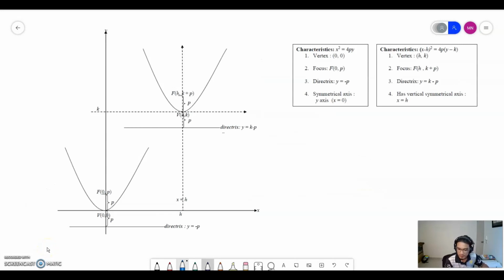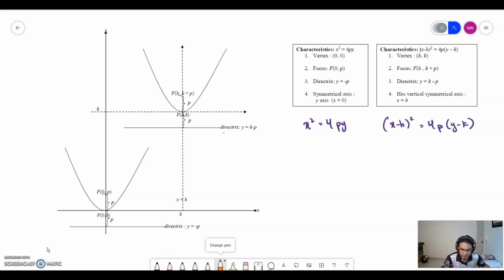So now for a parabola which opens vertically, the original equation for the parabola is x squared equal to 4py. Now, when the vertex is moved to a certain position, where the vertex now becomes h, k, then the equation for the parabola will be x minus h squared equal to 4p times y minus k.